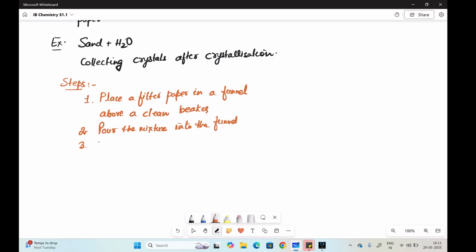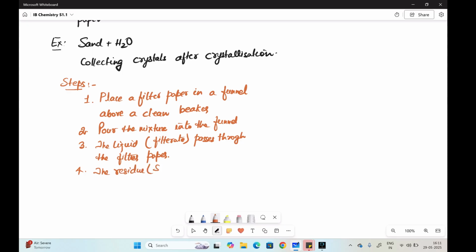Then the liquid, which is the filtrate, passes through the pores of the filter paper, and you will find that those substances which are soluble go along with the water, and the residue, or anything which is solid, remains on the paper, right?